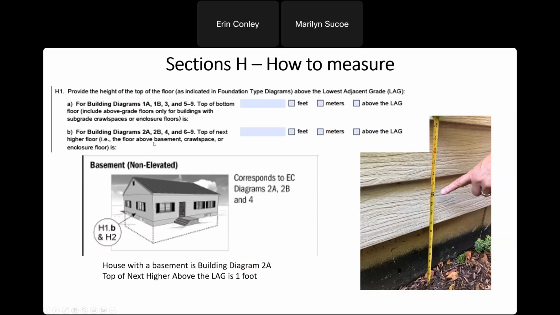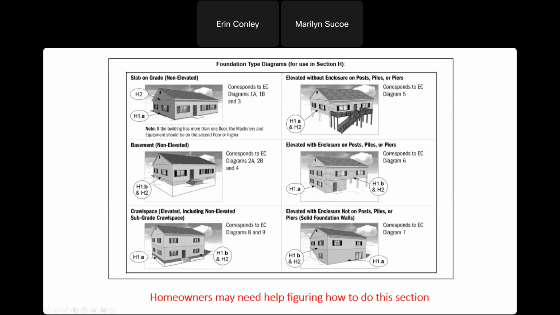So the floor above the basement or the crawl space or the enclosure floor. That's what you're measuring here. They want to get at where is that first floor elevation, where am I going to see the damages really start piling up if this house is flooded. And we are right at noon.